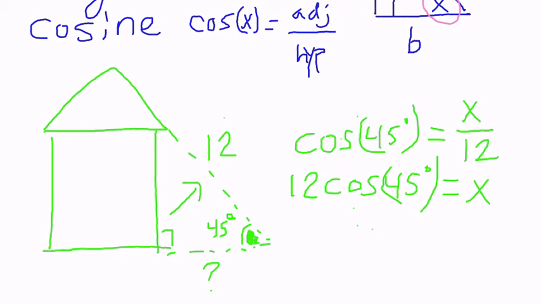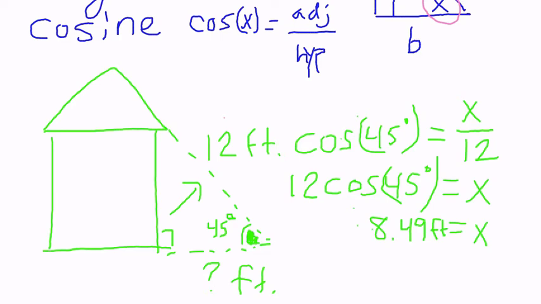That's pretty important. But when you type that in, you should get x equals 8.49 feet. So basically 8.5 feet from the house is how far you should put it if you want to have a 45-degree angle and have your ladder exactly fit from the ground to the roof.